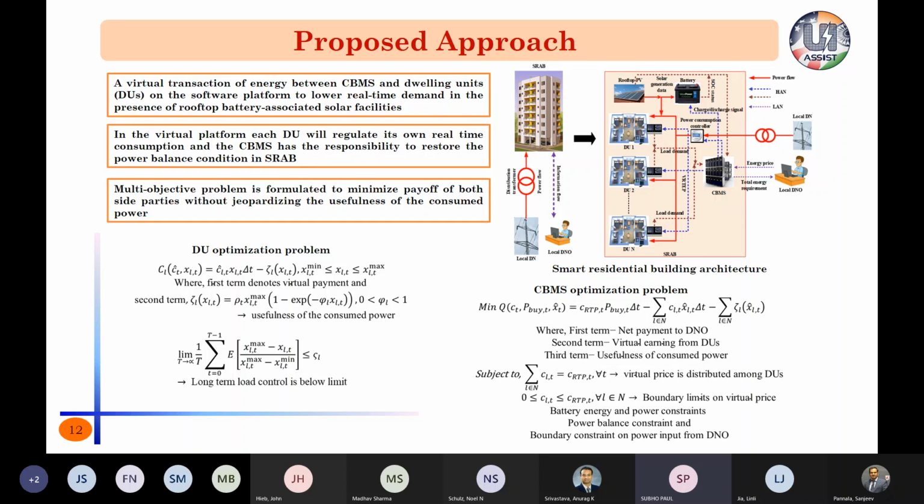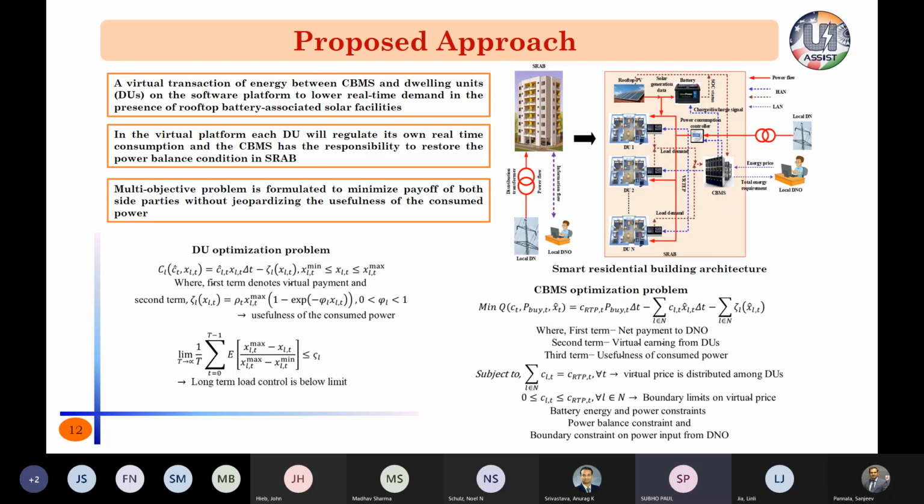So in this optimization process, the dwelling unit optimization problem will minimize the virtual payment to the CBMS, and also maximize the usefulness of its consumed power to maximize its benefit.